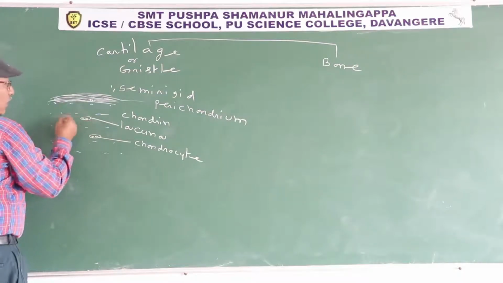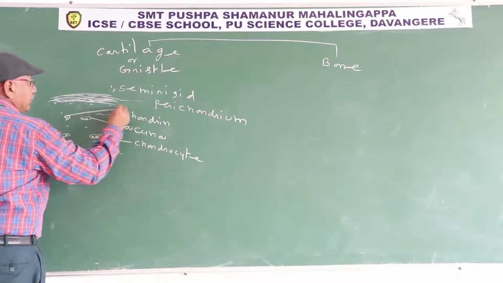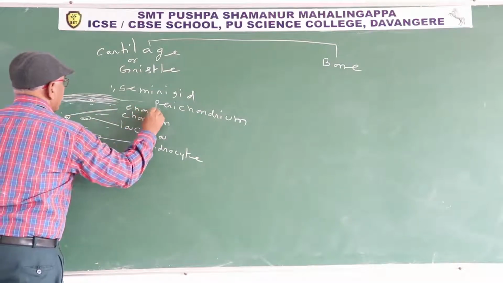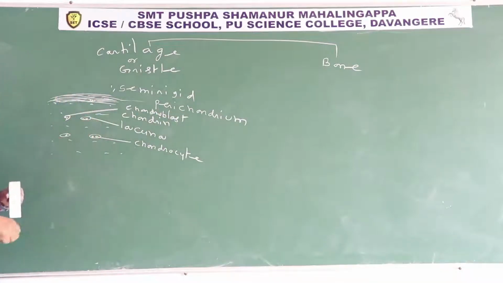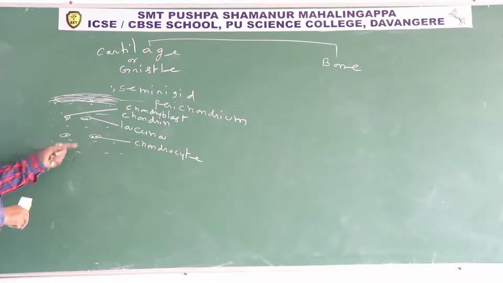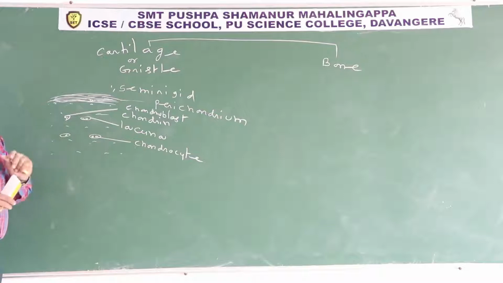Active cells are chondroblasts. Chondroblast cells secrete the matrix chondrin. Later they become inactive, and now they are known as chondrocytes. Chondrocytes enter into empty places. So enough few points. Types of cartilage are also not mentioned in the textbook.